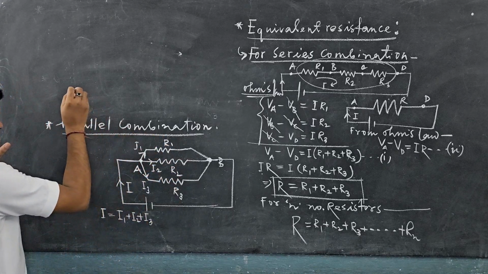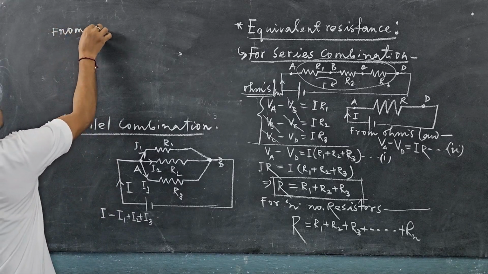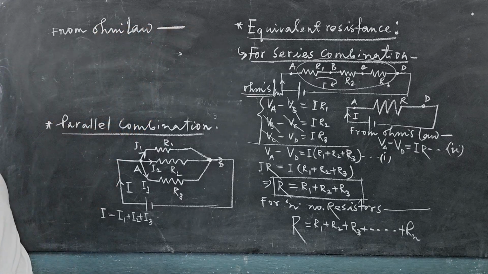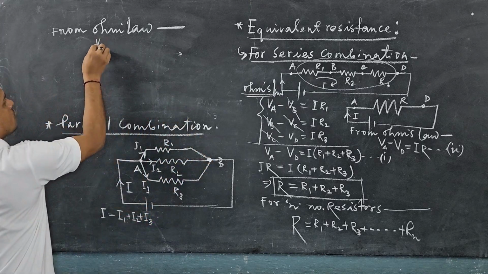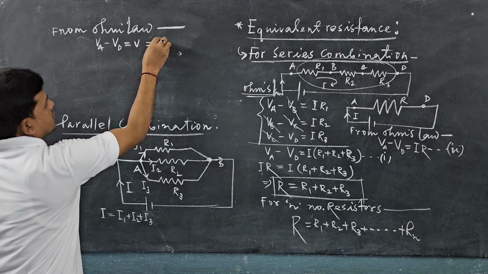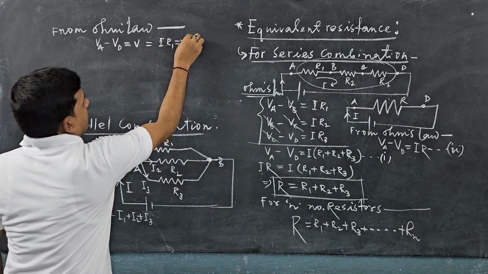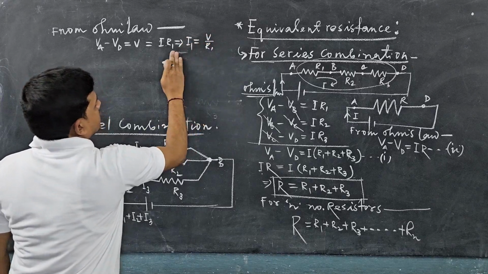So by using Ohm's law we can write V equals IR. As the two terminals are fixed, VA minus VD equals V, this is equal to I1 R1, or I1 equals V by R1.